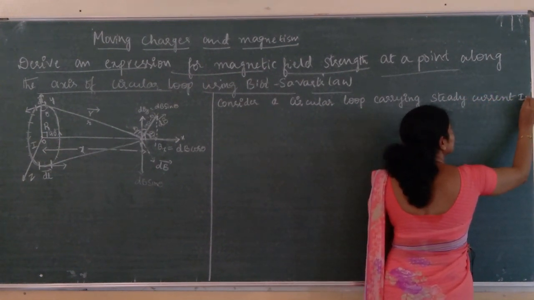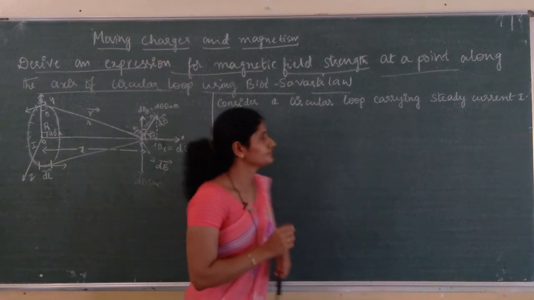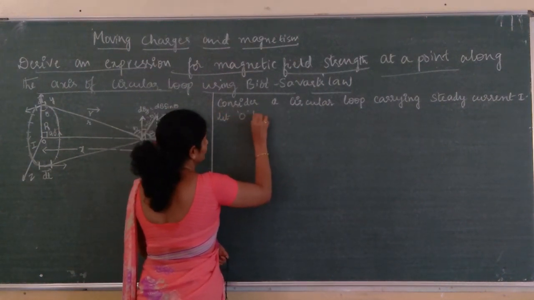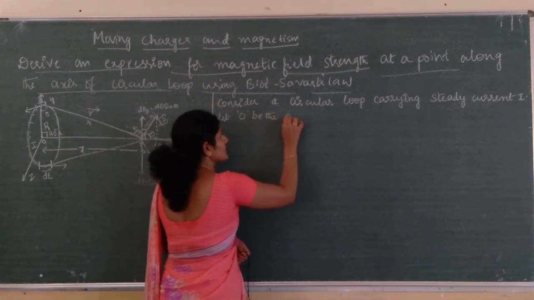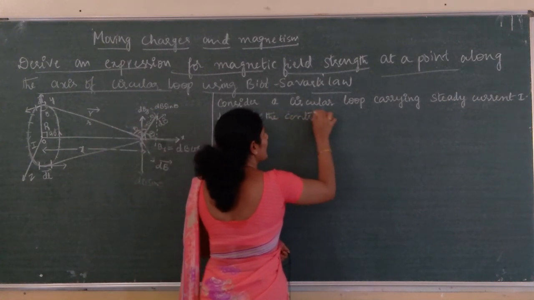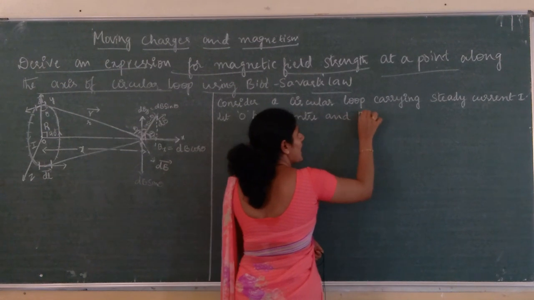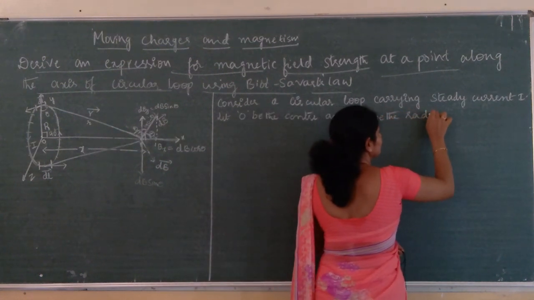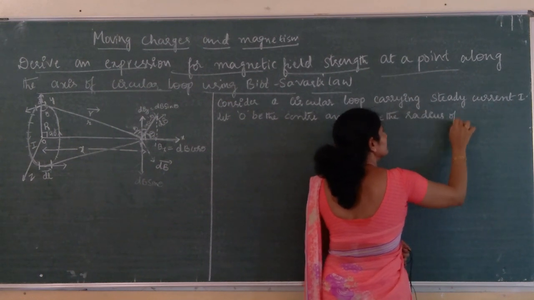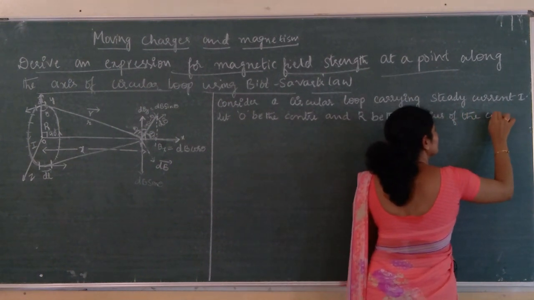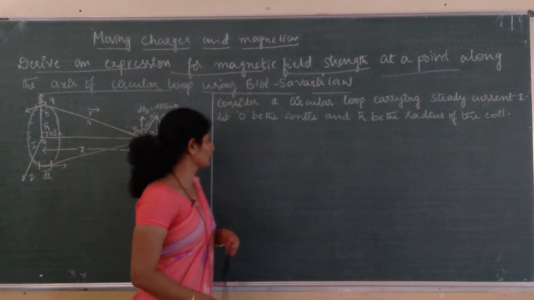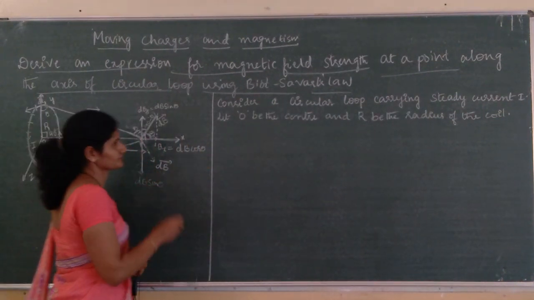Current I. Let O be the center and R be the radius of the coil. R is the radius of the coil.